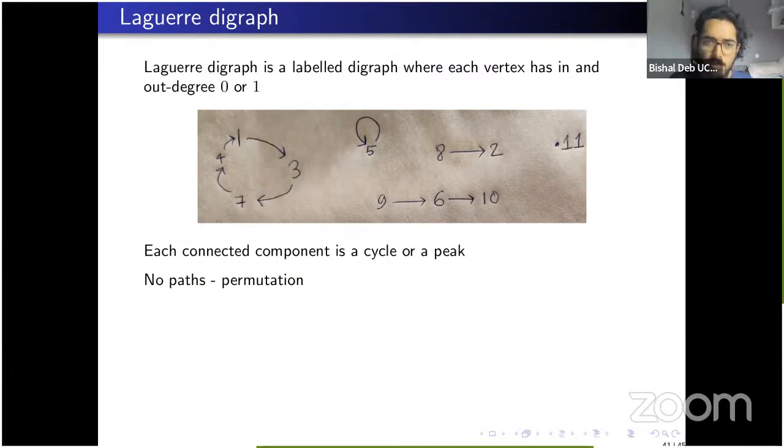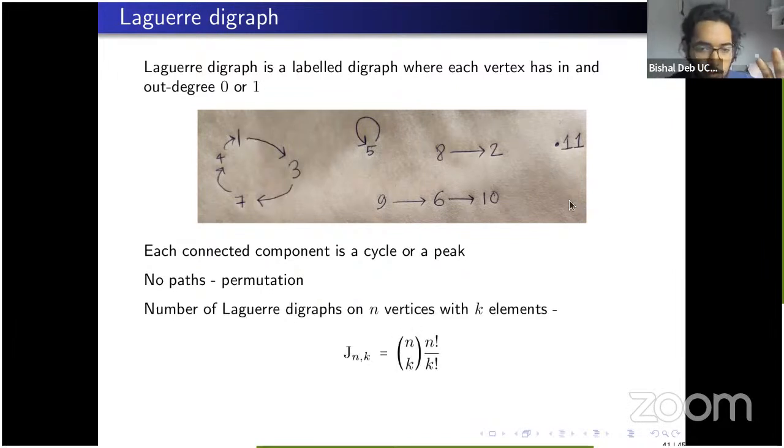We use the term Laguerre digraph because we think of these as digraphs, directed graphs. And if you count the number of Laguerre digraphs where you have n vertices and k paths, another typo here. So you have n vertices and k paths. That is counting the entries of the Stieltjes-Rogers, Jacobi-Rogers matrix if you start with the sequence n factorial.